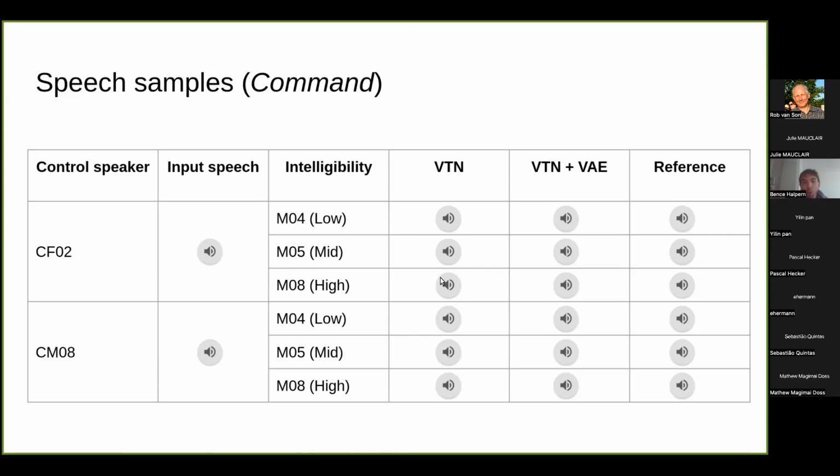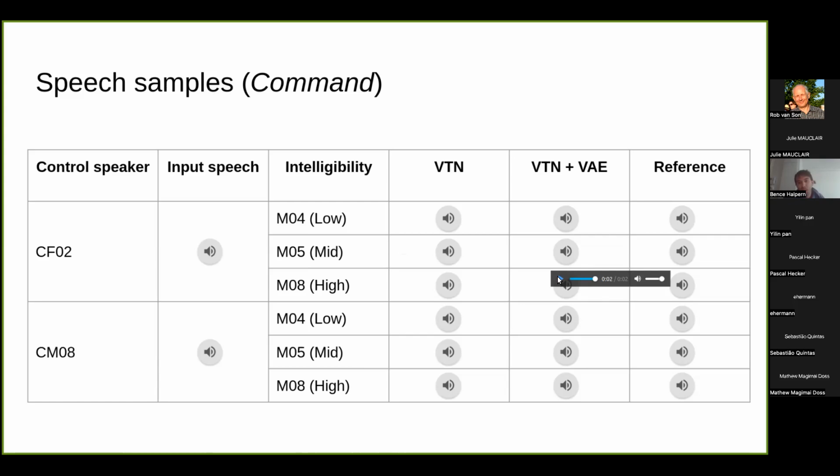After passing through the voice transformer network, we get this male speaker with high severity, where you can certainly hear the vocoder artifacts, but apart from that, it sounds like a natural but severe sample. And this gets converted with the VA model back to the identity of the female speaker.